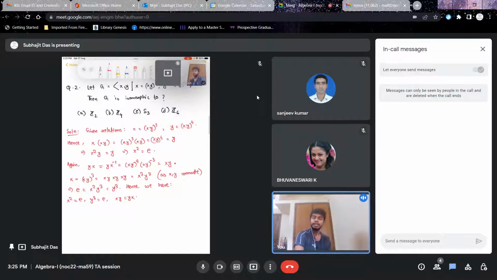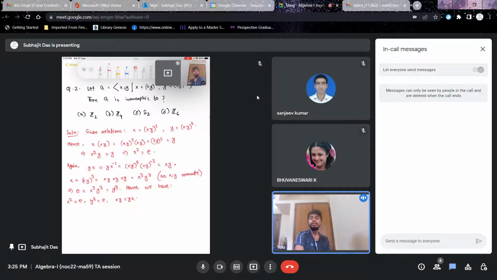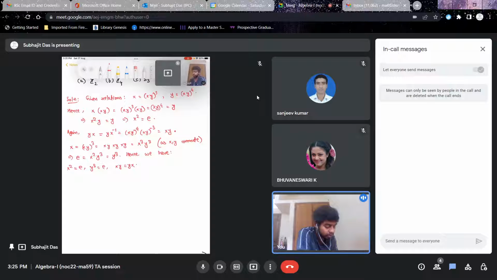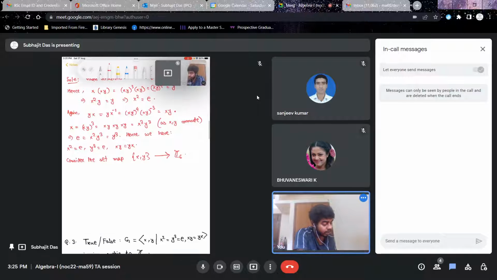So let's again use the same trick, that is, the universal property of the free group. What we do here is again consider the set map from {x, y} into Z6. What is this mapping precisely?